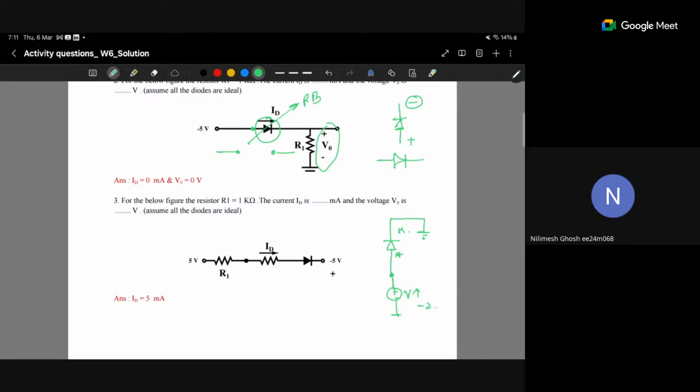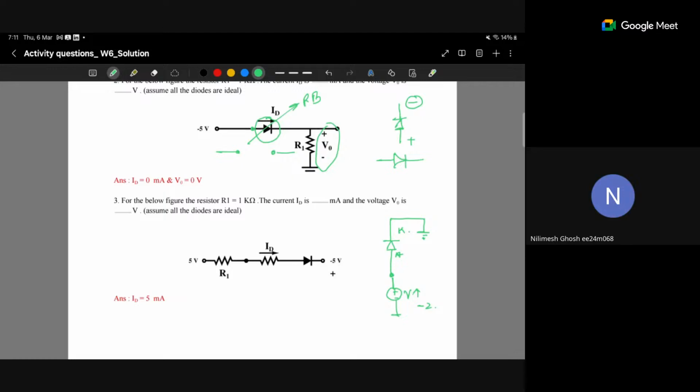Now, let's suppose we are increasing the voltage V from -2 volt. Now see, at V equal to -2 volt, what will be the current flowing through the circuit? 0.